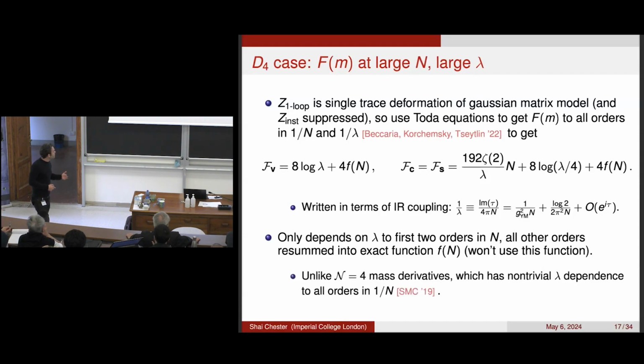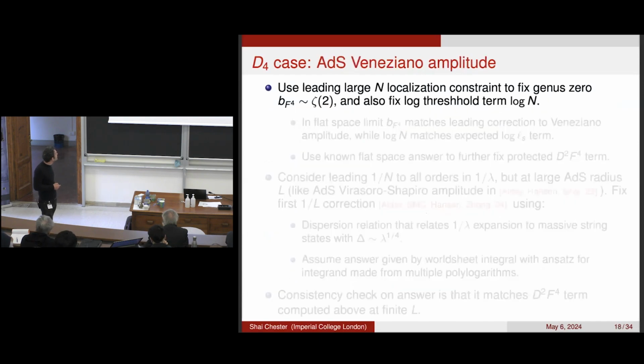Because if you were to compute the analogous quantity in N=4 super Yang-Mills, which I did a few years ago at this point, then you would have found that at every order in 1 over N, there is 1 over lambda dependence to every order in 1 over lambda. So N=4 super Yang-Mills is actually more complicated than this theory. This is a sense in which this theory is actually the simplest theory, because it's even simpler than N=4 super Yang-Mills. You see it has very simple lambda dependence.